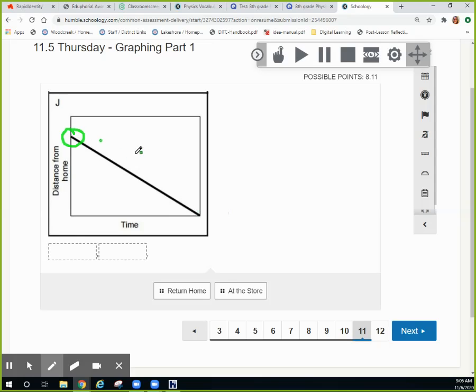This line going down indicates a decrease in distance. Okay? Distance decreased, not speed. Just because the line is pointing down does not mean they have a slow speed. This person was at the store and came home at a constant speed.